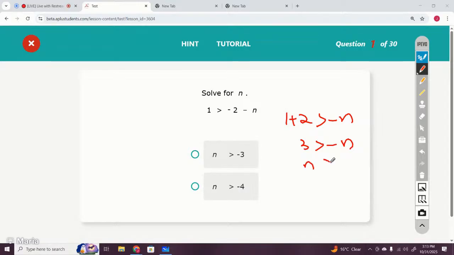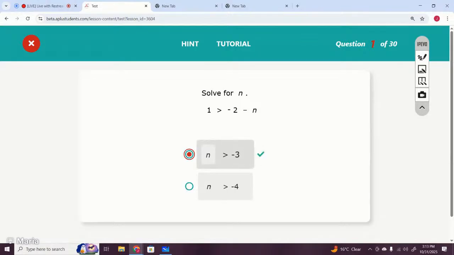So n is greater than negative 3. Option number 1 is the correct option.